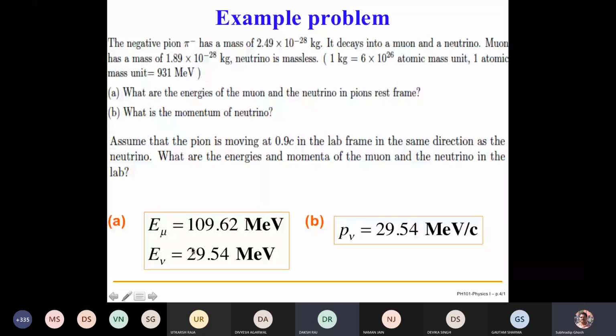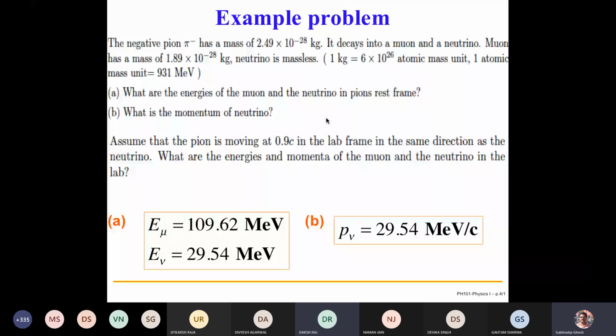But over here, what I'm going to ask is: now assume that the pion is moving at 0.9c in the laboratory frame. So there are 2 frames. One in which the pion is at rest, that is, an observer sitting on the pion does not see the pion moving. Whereas another observer in the lab will of course see that the pion is moving.